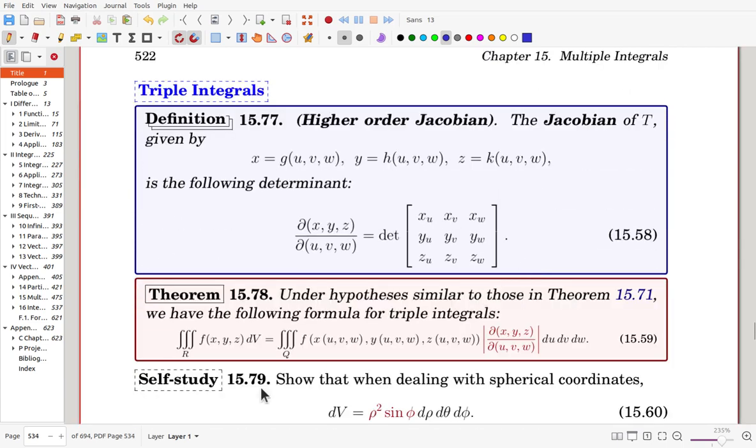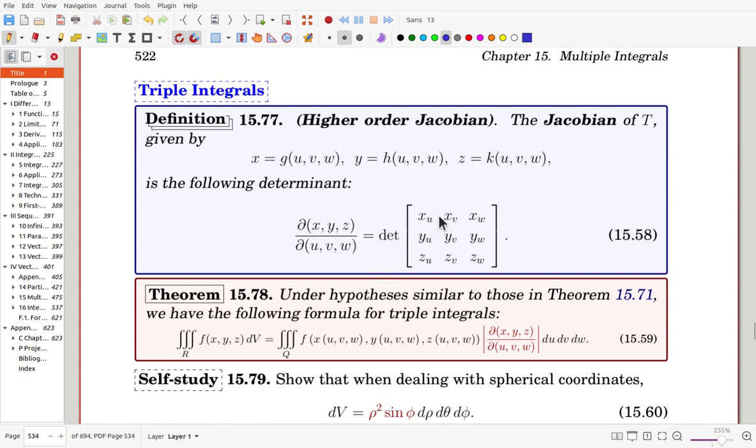The change of variables can also be used for triple integrals. And when we try to do that, we have to decide the Jacobian of the transformation. So here, assuming we have a predomain and transformation T, so that x, y, z are functions of u, v, w, then the corresponding Jacobian is given in this way.